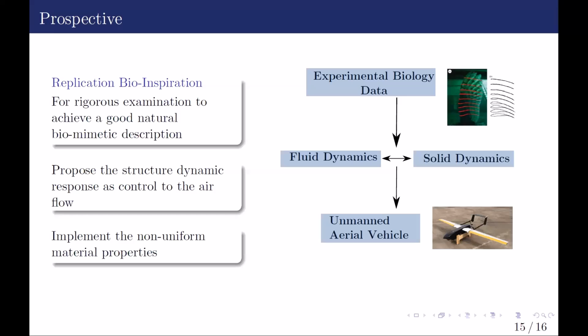The second part is we move to modify the material model, as I mentioned, to make it a non-uniform material model by implementing the bending stiffness or the K bulk modulus. So this is the second part. Third part, at the end, we have to get the aerodynamic performance increased with the use of the flexible structure.